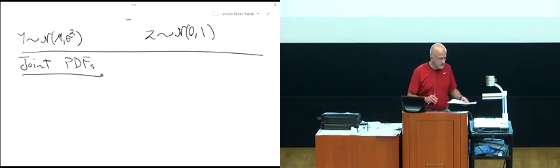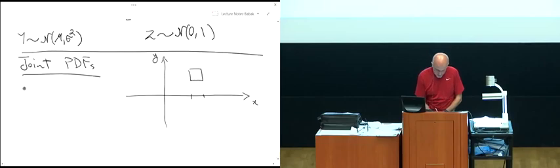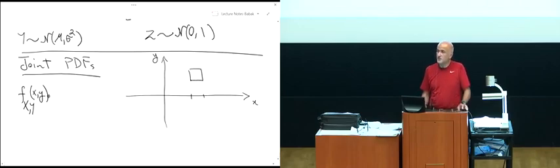A joint PDF you can think of pretty much the same way you thought of joint probability mass functions. I have two random variables. They can take on values x and y. And I want to talk about the probability. So just as I had joint PMFs, I want to talk about joint PDFs.